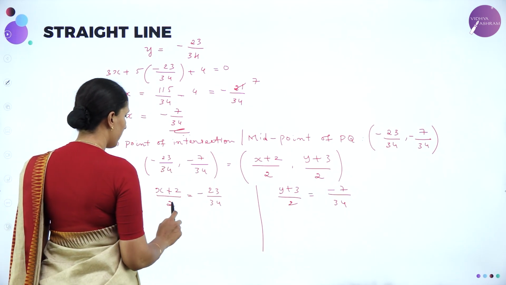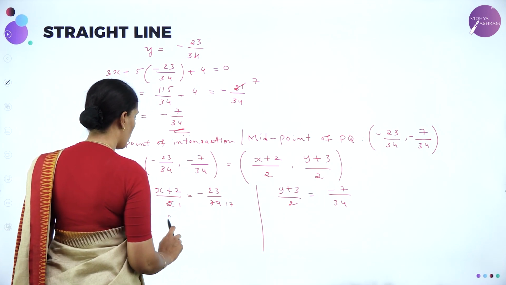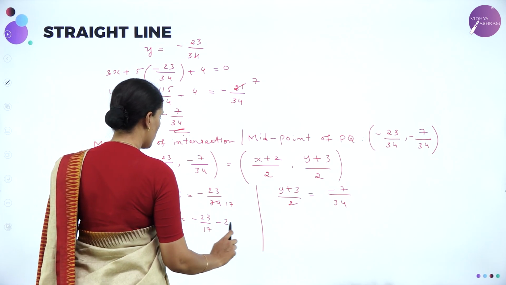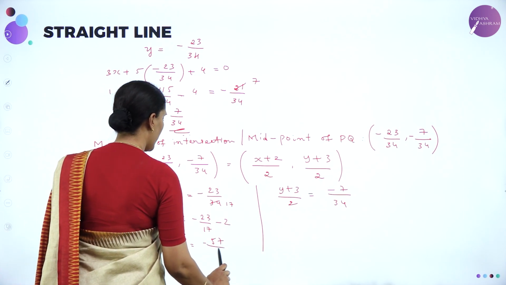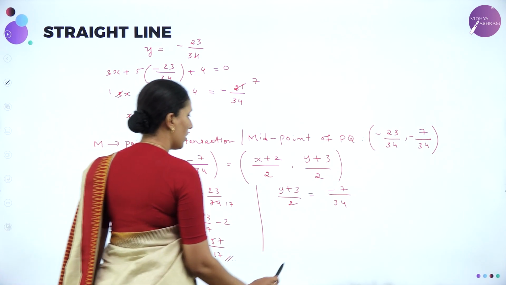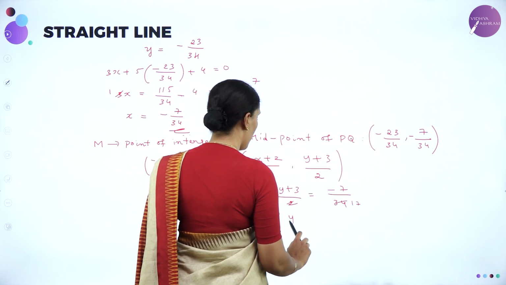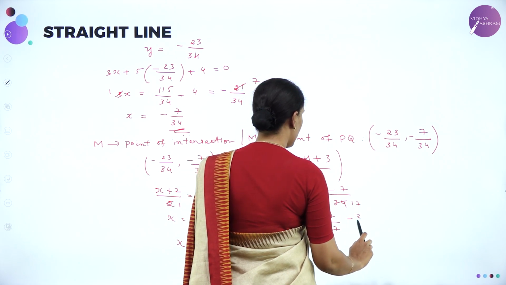So, here we can cancel 17. So, x is equal to -23/17 minus 2. So, x is equal to -57/17. Next, here we have again 17. y is equal to -7/17 minus 3.